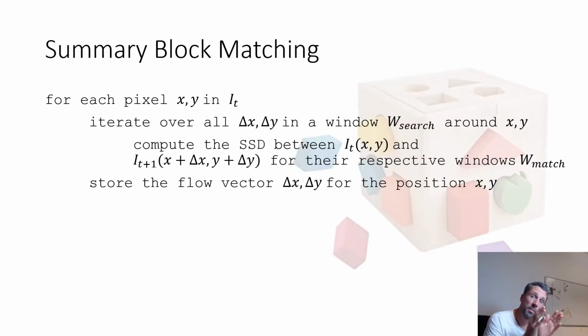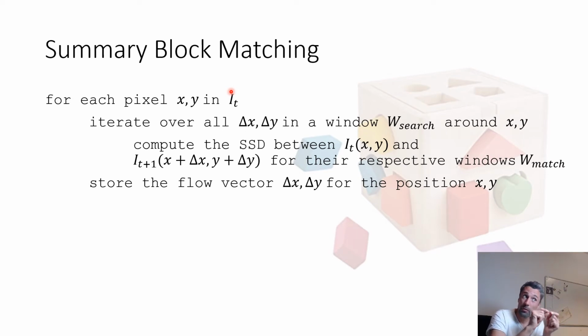Okay, so whatever metric you want to optimize, whether it's maximizing your similarity score or minimizing some kind of error function between your pixel patches, the general procedure to match those blocks is this. For each pixel position x, y in our source image I_t, we want to find an image motion.